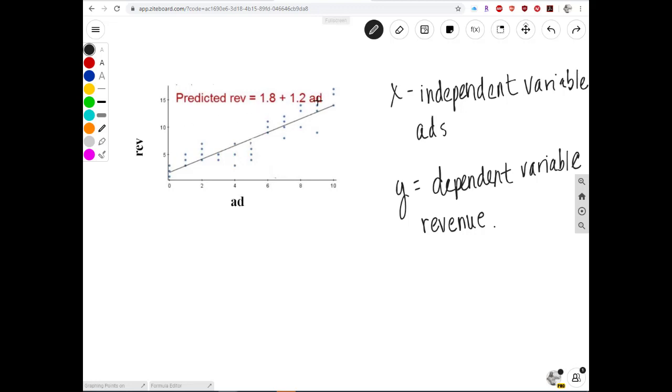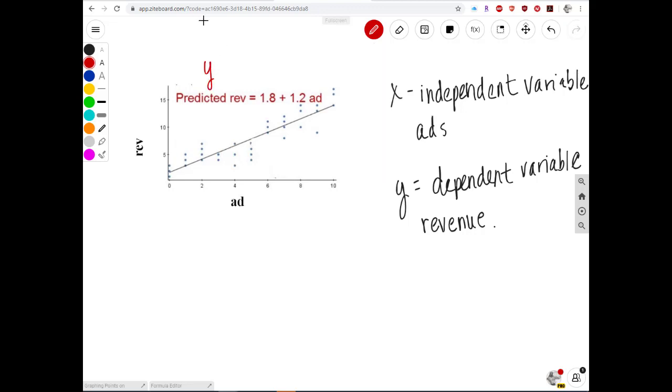And here the computer has gone ahead and created the line of best fit. Remember, the line of best fit minimizes the residuals, and it went ahead and calculated the equation of a line. So I'm going to go ahead and go up here and match this up.